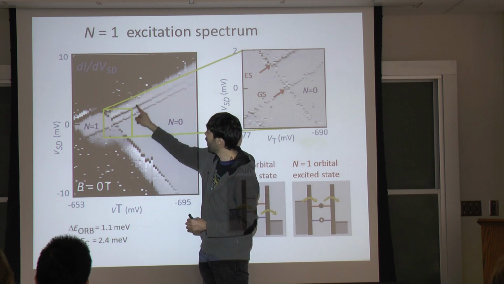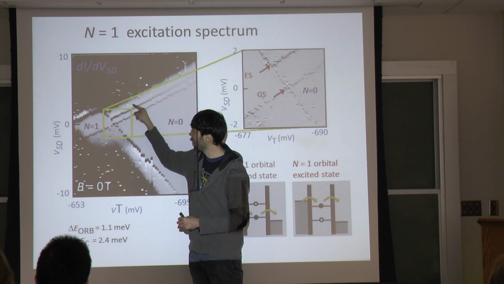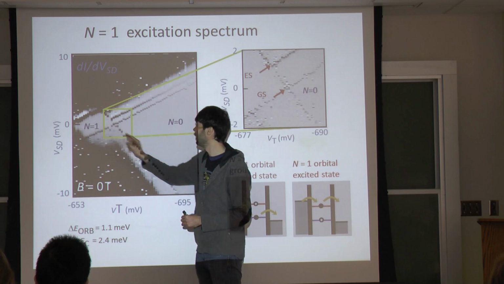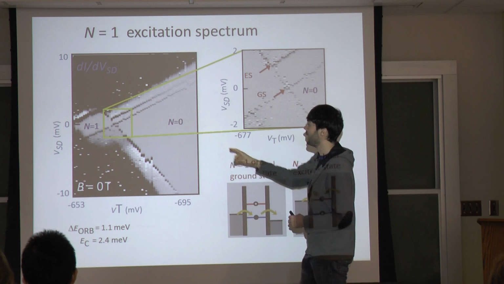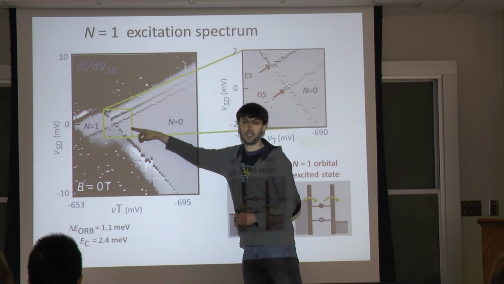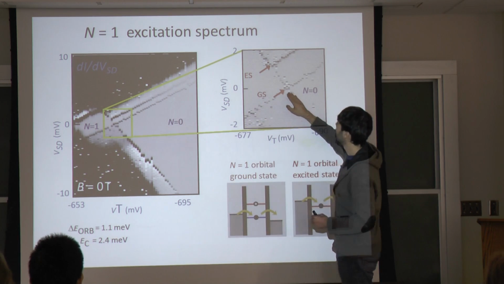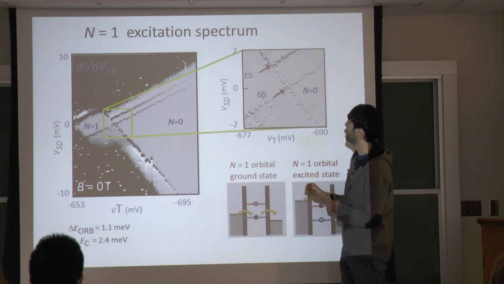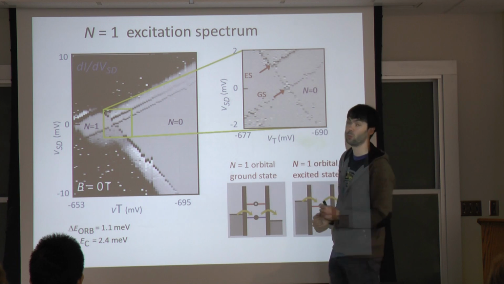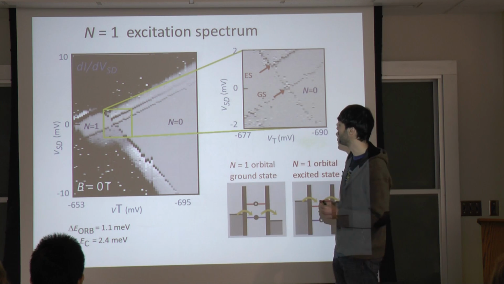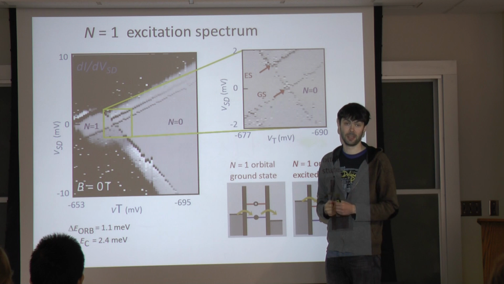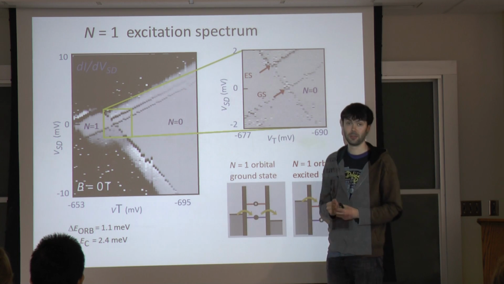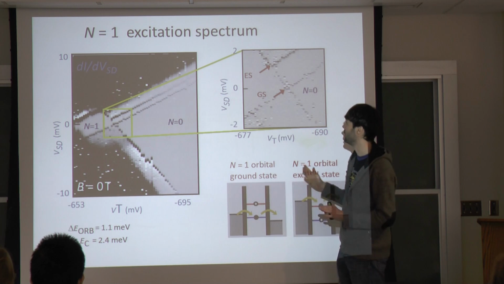And when they end in this diamond, it means they are the excited states of this many electrons. So in this case, when they zoom in on this region, they see, again, these two lines, the ground state and the excited state. And the separation is about 1 millivolt. And those are actually orbital excited states. This is actually taken at 0 magnetic field, so we don't know the spin yet. This is just the basic.